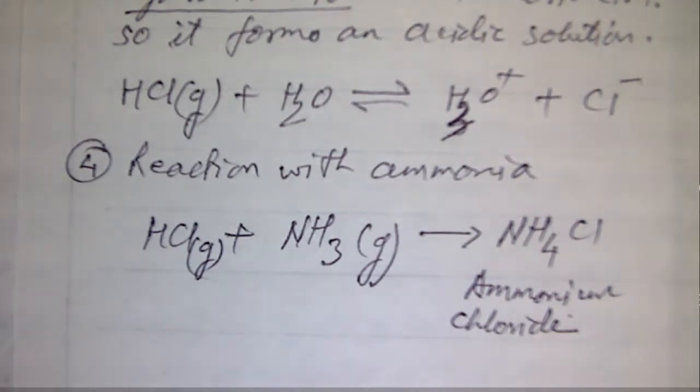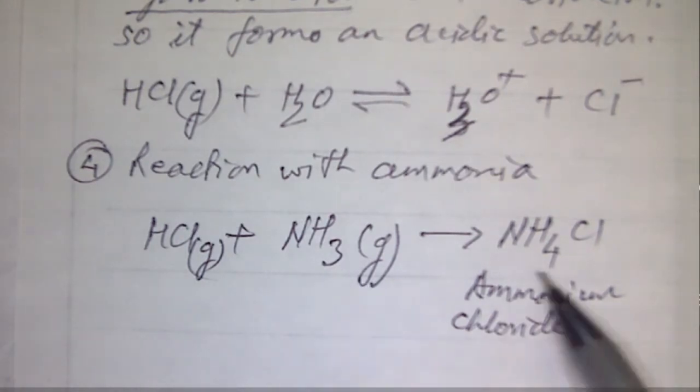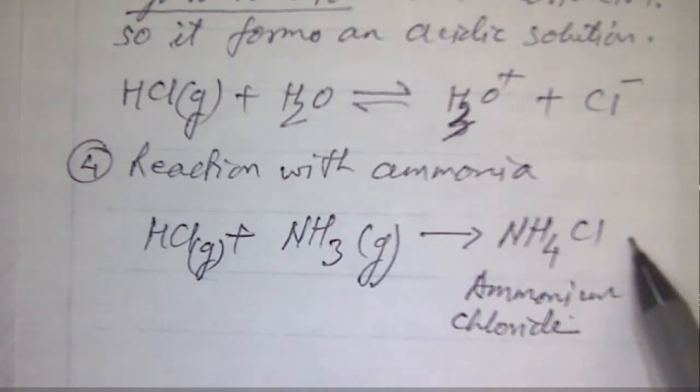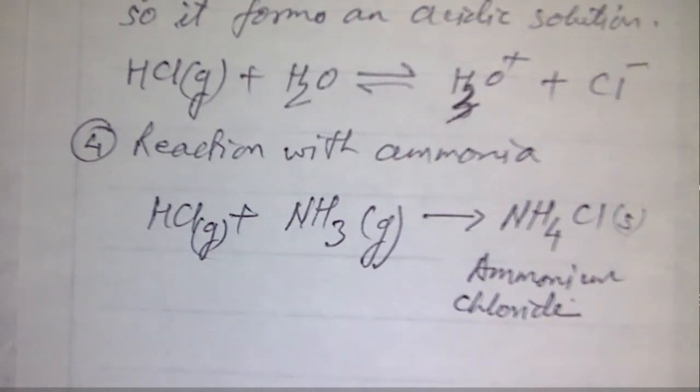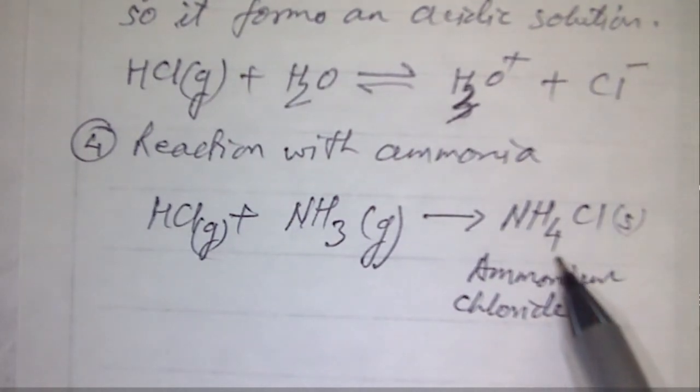Actually, ammonium chloride is a solid. So since it is a solid, what will happen? These two are gases, but this suddenly becomes a solid here. So when it becomes a solid, you'll see this as fumes.